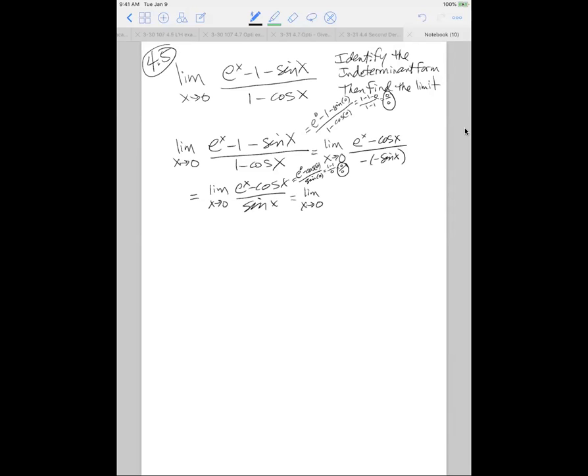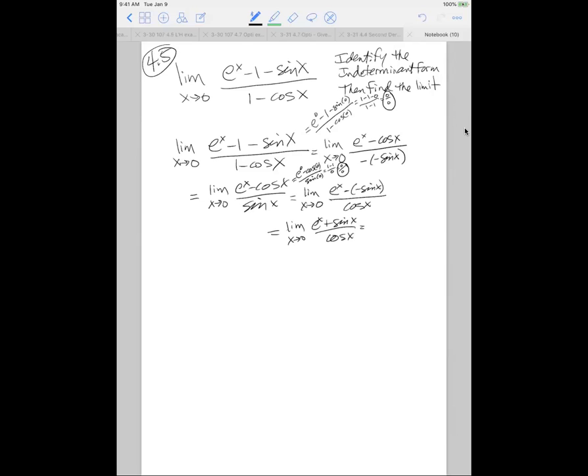The derivative of e to the x is e to the x, minus the derivative of cos, which is negative sine x, and the derivative of sine is cos. So I end up with the limit as x goes to 0 of e to the x plus sine x over cos x.